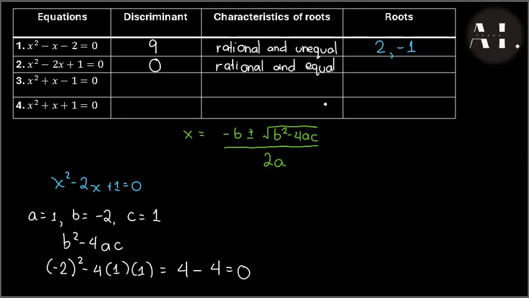Let us find the roots using the quadratic formula by substituting again the values of a, b, and c, and the discriminant value. Inside the square root is our discriminant value. Put 0 inside our square root.